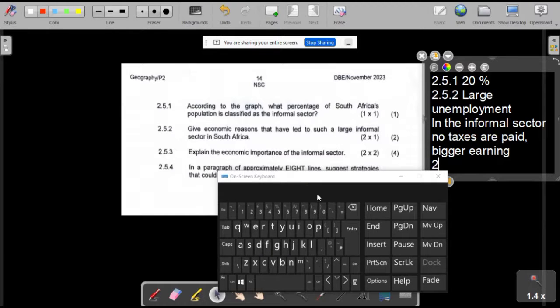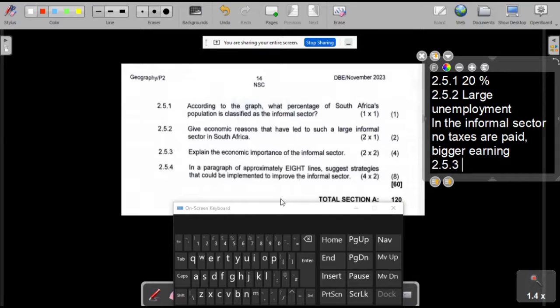Then for 2.5.3, we have to explain the economic importance of the informal sector. First of all, it employs people, and hence reduces poverty.